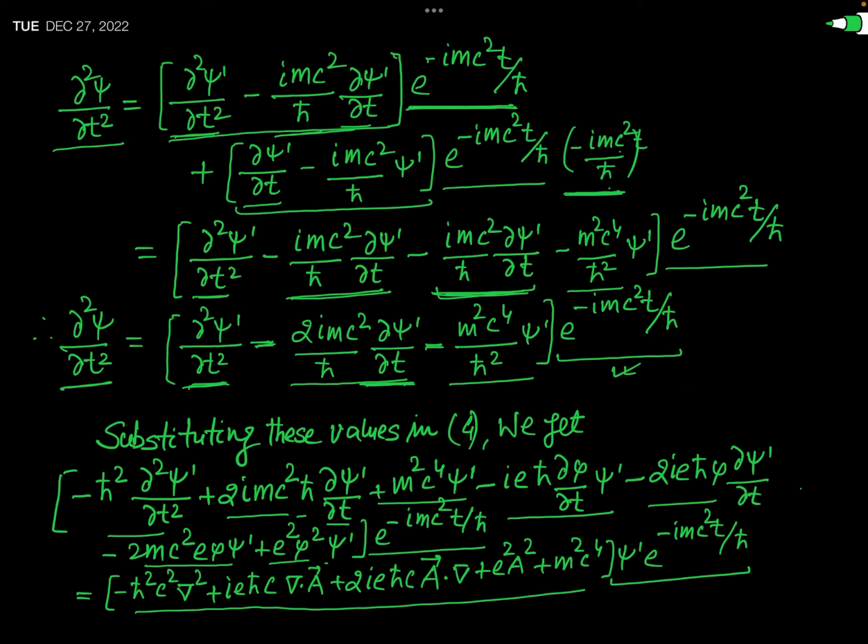Now you can see this factor e to the power minus imc²t/ħ is present in both LHS and RHS as a common factor, so that will cancel out. And apart from that, there will be some common terms, and those will also cancel out.